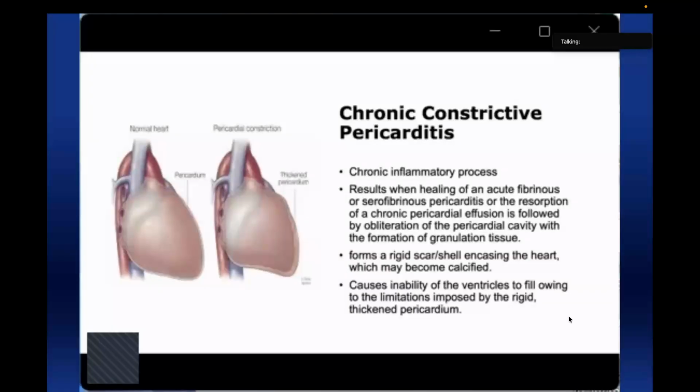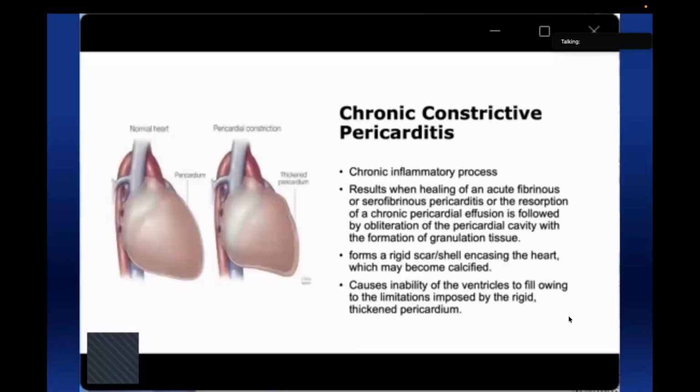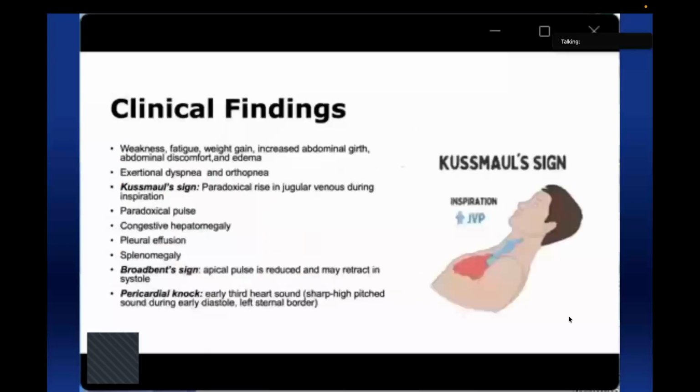It forms a rigid scar or shell encasing the heart, which may become calcified. Now it causes inability of the ventricles to fill, owing to the limitations imposed by the rigid, thickened pericardium, that can mimic some form of obstructive shock if this will continue.